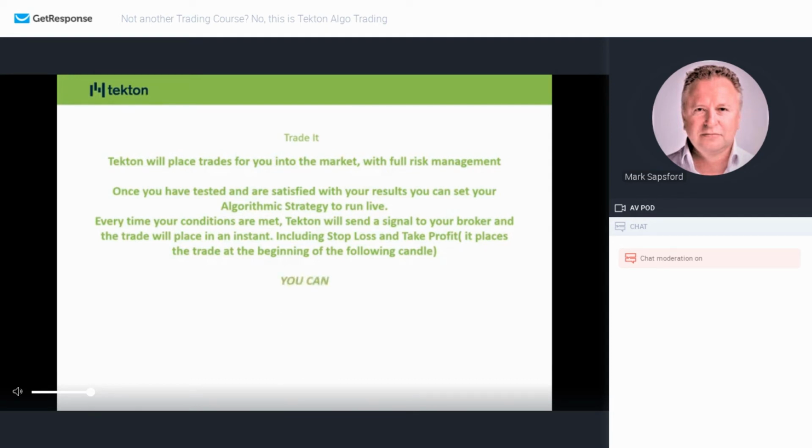So with Tekton, you can run a strategy for as long as you want. You can set the time period you want it to run. You can set it to run 24 hours a day if you wish, or just for a specific period of the day, so between 9 and 5. Any trades that set up outside of those hours, it won't trade.